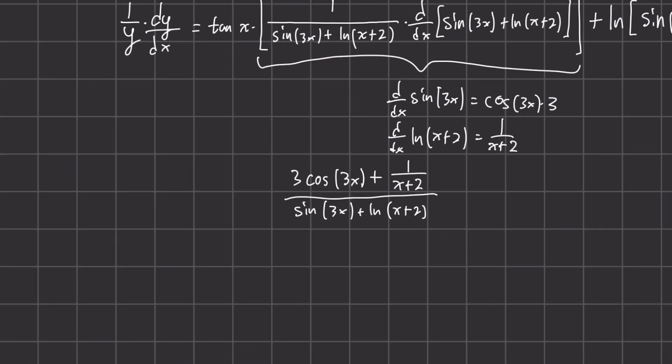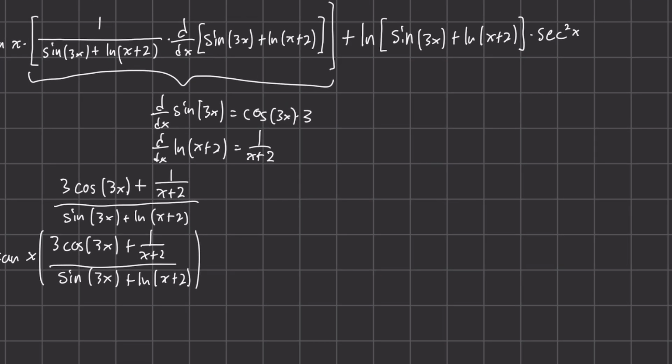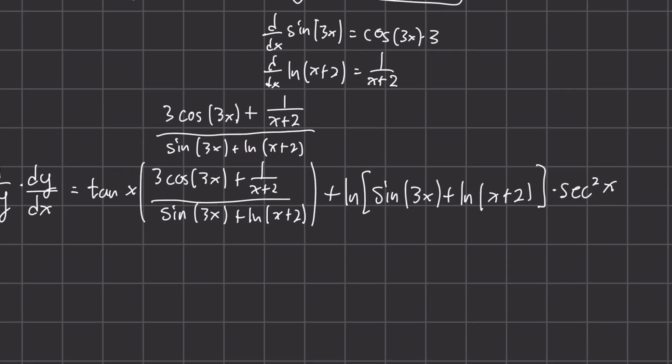Now let's write this whole thing again. So we get 1 over y times dy dx is equal to tangent x times 3 cosine 3x plus 1 over x plus 2, all over sine 3x plus ln x plus 2, and it's going to be this plus ln of sine 3x plus ln x plus 2 times secant squared x, which just stays the same.